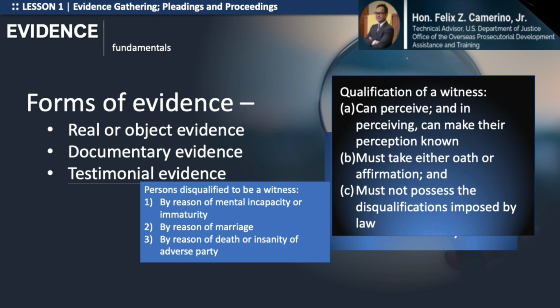So if they're not credible, perhaps they have a history of lying, and the opposing counsel is able to prove that, then the weight of their testimony may not be as great as it should be.